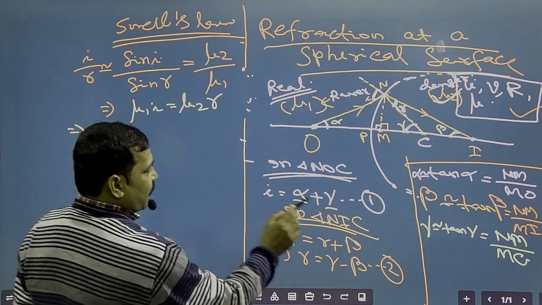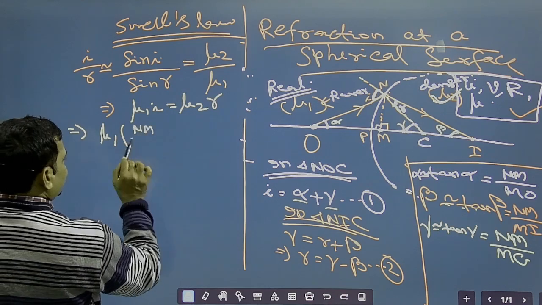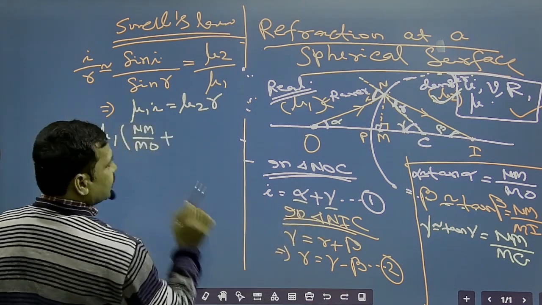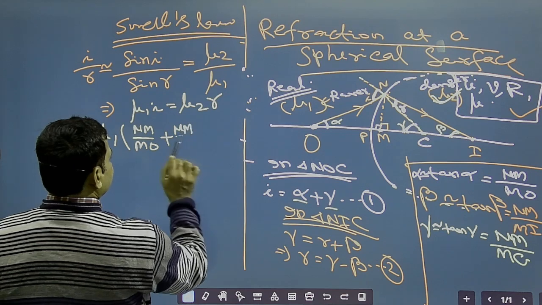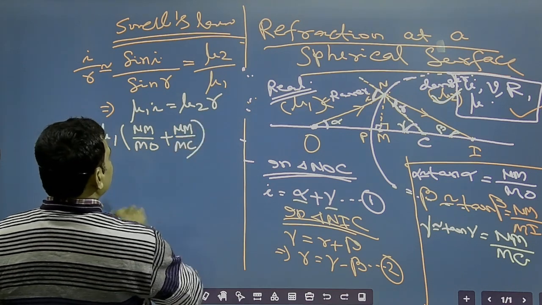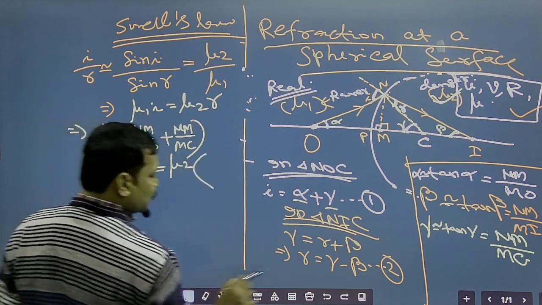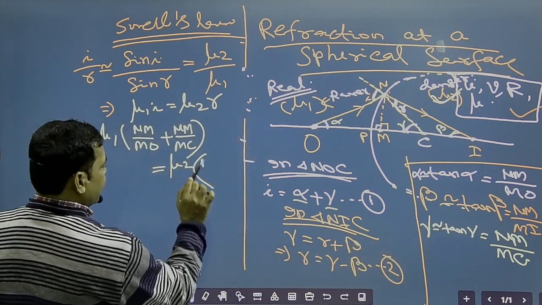And for alpha, I can write NM upon MO. Similarly, for gamma, I can write NM upon MC, right? That will be equal to mu2 into R. So what is your R? Gamma minus beta. So for gamma, I can write NM upon MC.